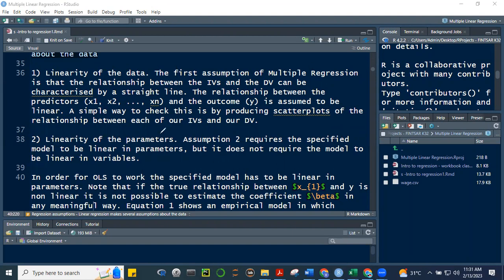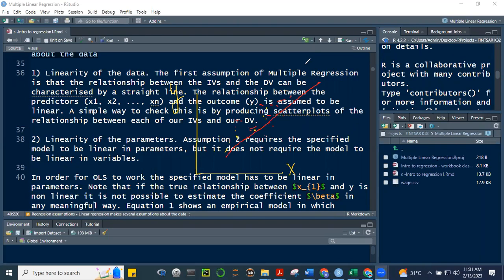For example, if you plot your dependent variable y and your independent variable x, the relation between them has to be somewhat linear, just like this. You can see here the relationship is about linear. And it cannot be something like this.